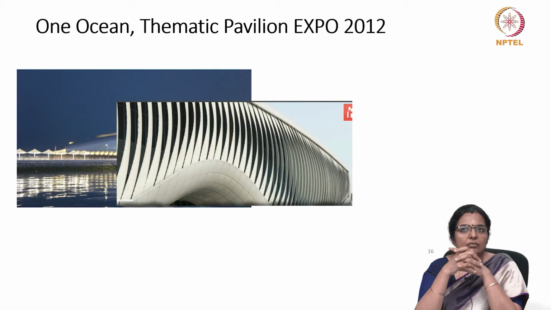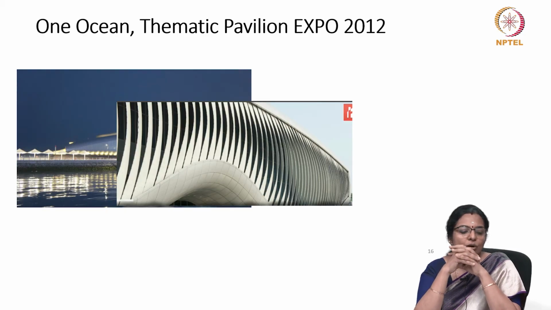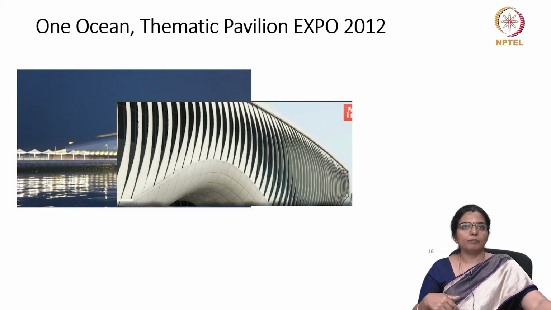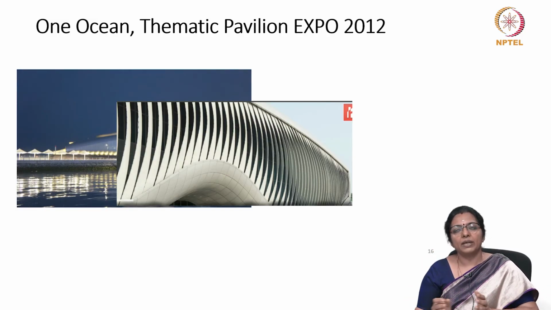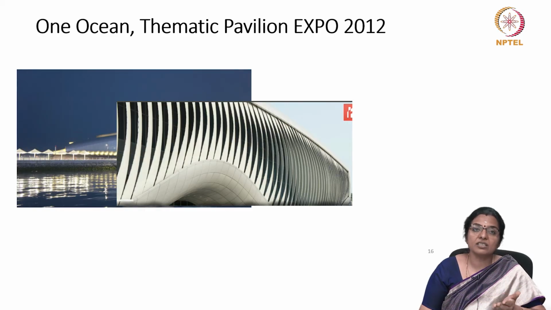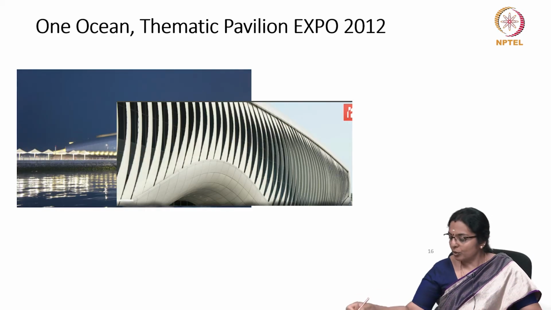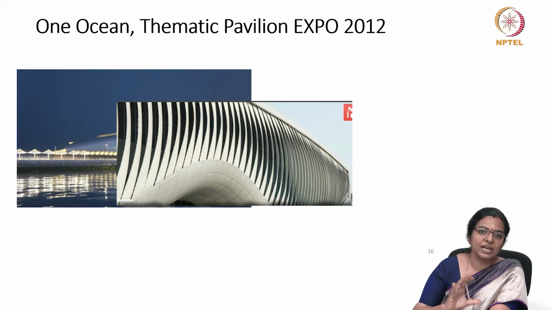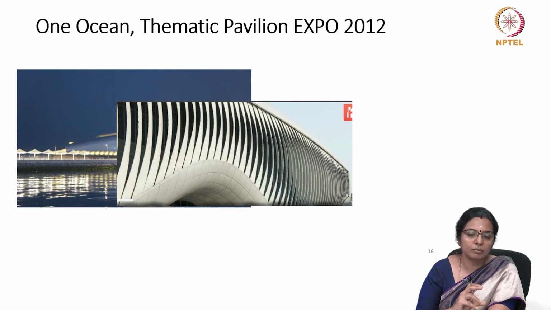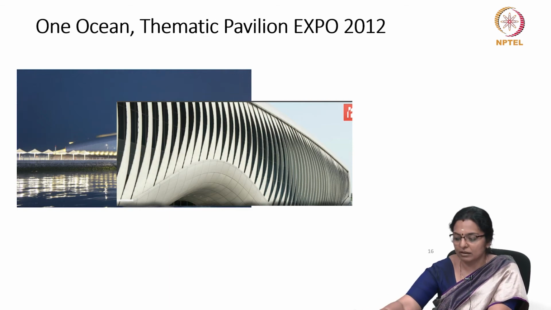In the previous class, we saw the case study where the building looked more like a piece of sculpture, and the building had multiple colors ingrained in it. So it was a good combination. It very well combined aesthetics as well as functionality.